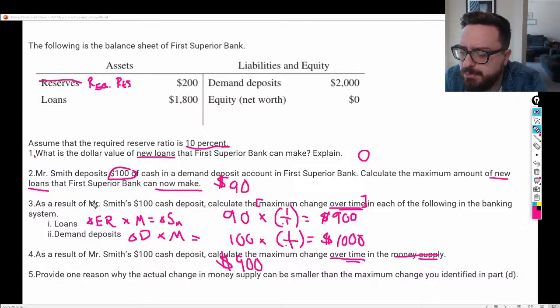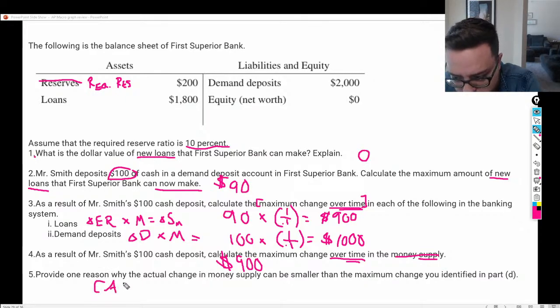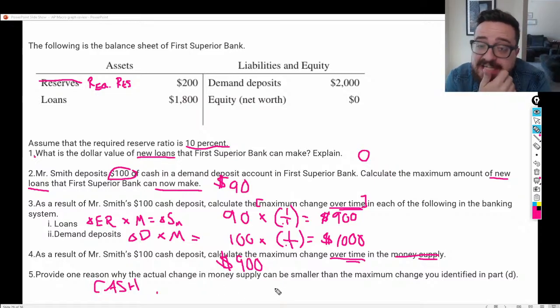And then 5, provide one reason why the actual change in the money supply would be smaller than what you found in Part D. Like, why wouldn't it be 900? There's a bunch of reasons why this would be the case. Cash is a possible reason where, if I don't put my money in the bank, they can't lend it out.